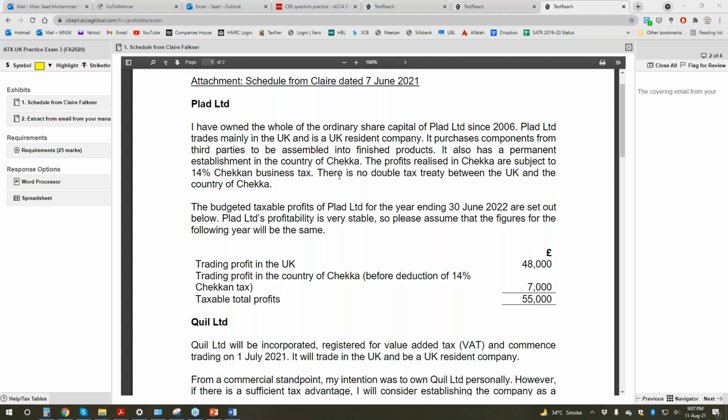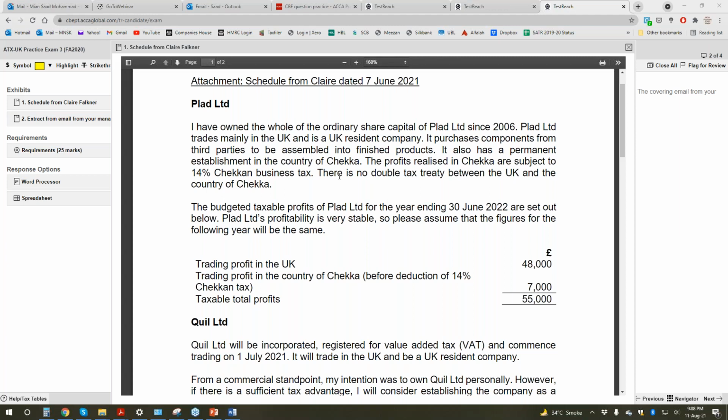The profits realized in Czechia are subject to 14% Czechian business tax. There is no double taxation treaty. Obviously, that is why the DTR will be available. The budgeted taxable profits of P Limited for the year ending 30th June 2022 are set out below.